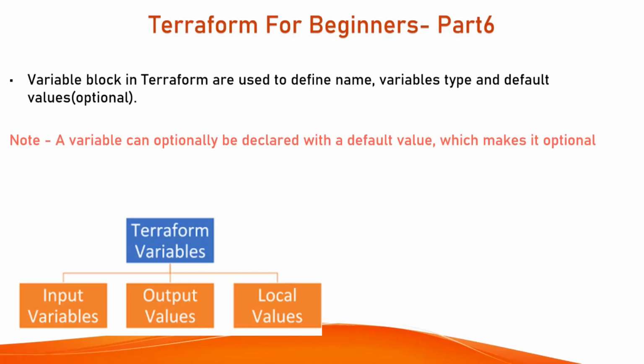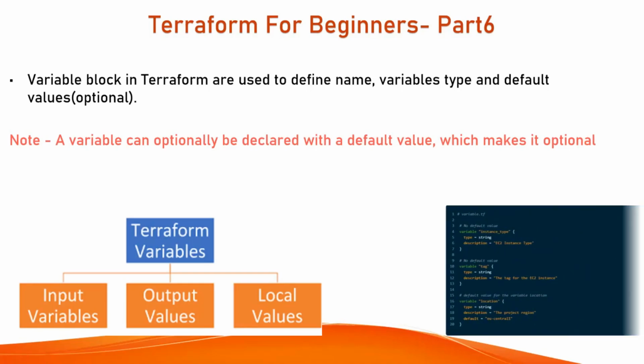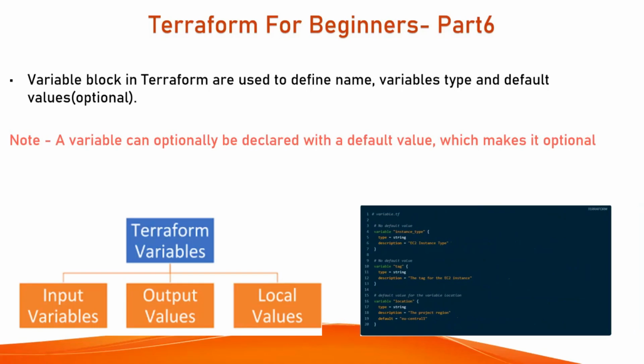How can we define a variable? You need to define the variable with the keyword variable, its name, the type, which can be string, number, map, list, boolean, etc., and a description of that variable.